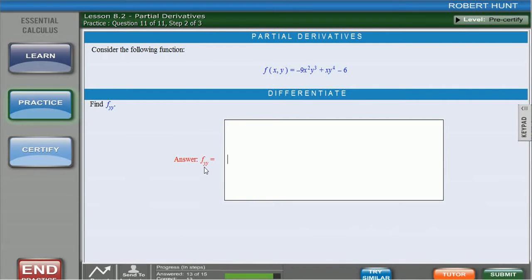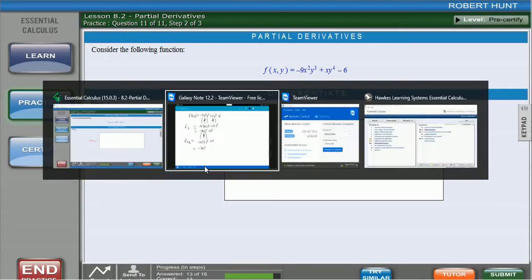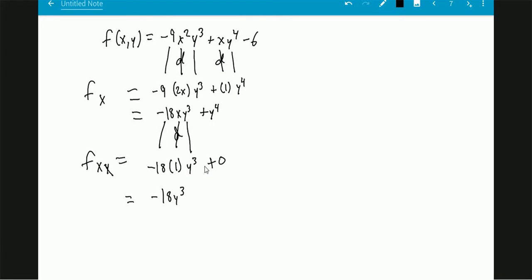Alright, step 2, f sub double y. I'm going to rewrite my function over here on the right so I can draw lines beneath it. Okay, so let's see, f sub y. Again, I'm going to draw lines. Only difference this time, I'm doing the derivative of y's.